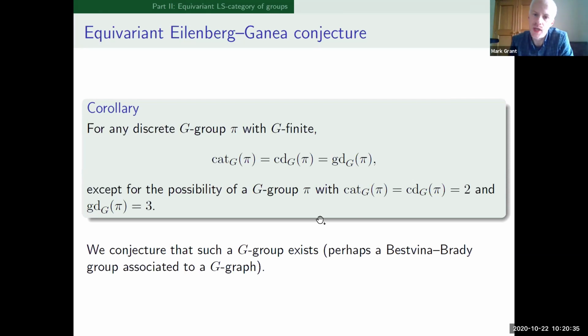So we already show in our paper that that example has equivariant cohomological dimension 2. It's unknown whether its geometric dimension is 2 or 3, I believe, but we hope to show that its equivariant geometric dimension must be 3.